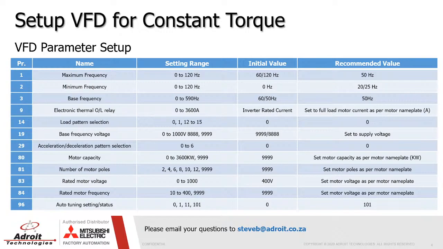And then last of all, we'll do auto tune, where the VFD will basically measure the resistance of the windings, and that will allow much better control of the motor by the VFD. And that's basically what you're going to need to do a constant torque application setup.